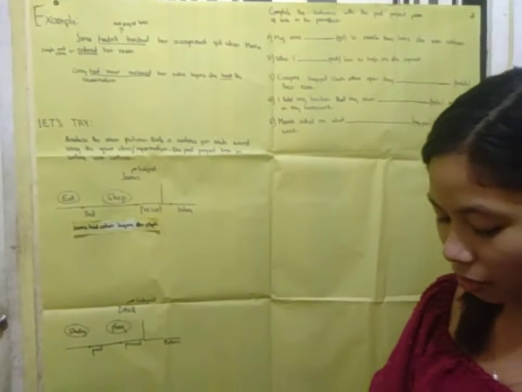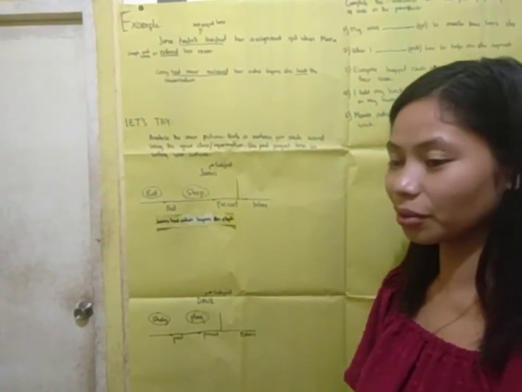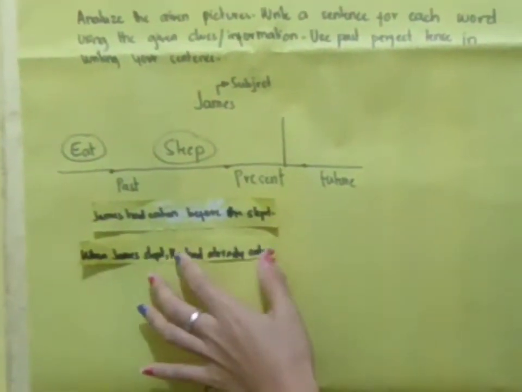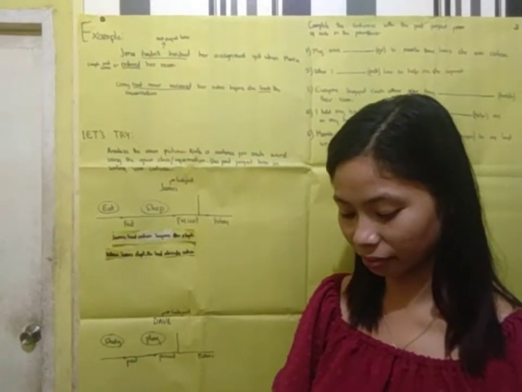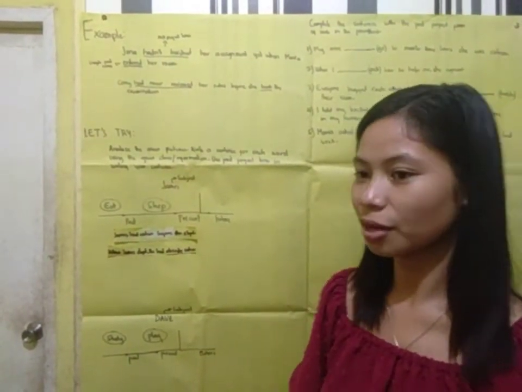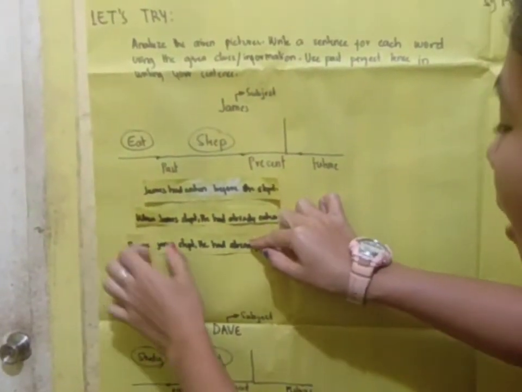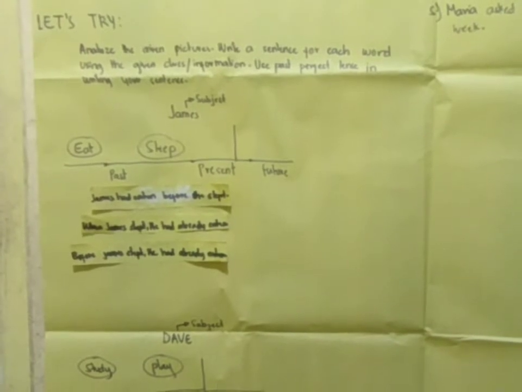Okay, and also in number two. Great. The answer number two: When James slept, he had already eaten. And lastly, very good. The last answer is: Before James left, he had already eaten.